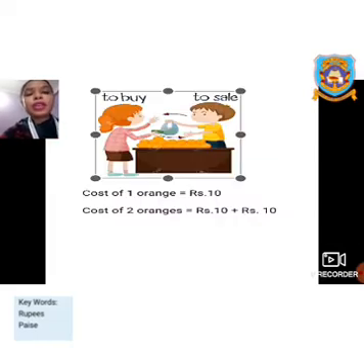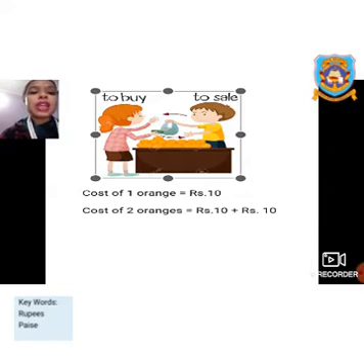Now children, here I have taken an example. You can see in the picture that a girl is buying oranges from a man. That means the man is a vendor, a salesperson. So the girl is buying oranges and it is given that the cost of one orange equals rupees 10.